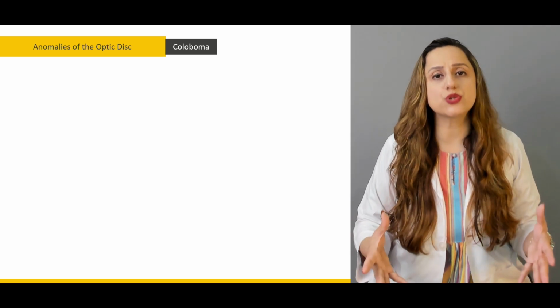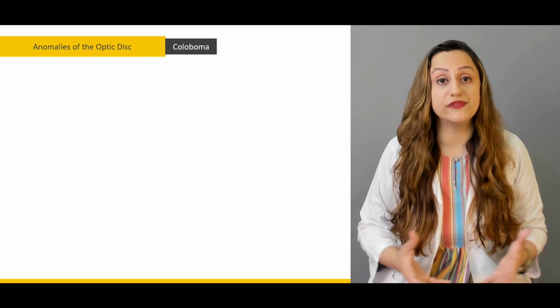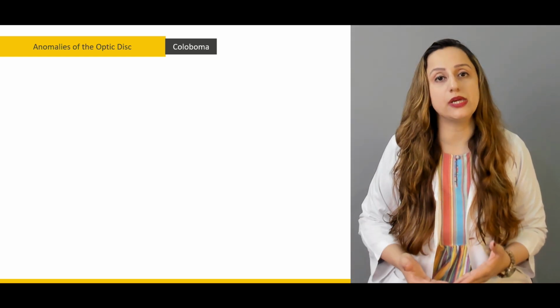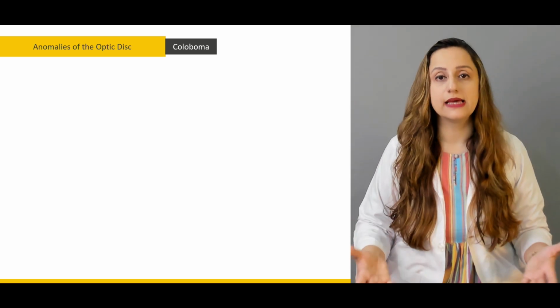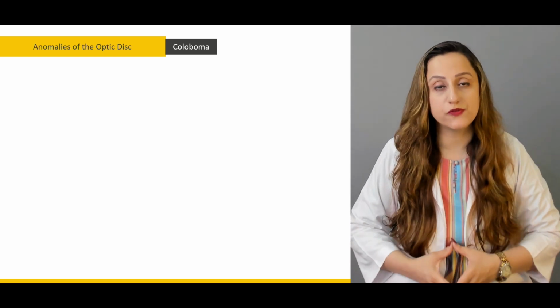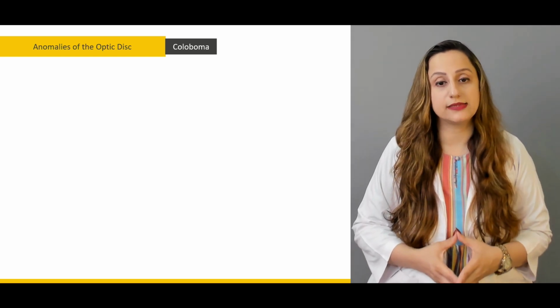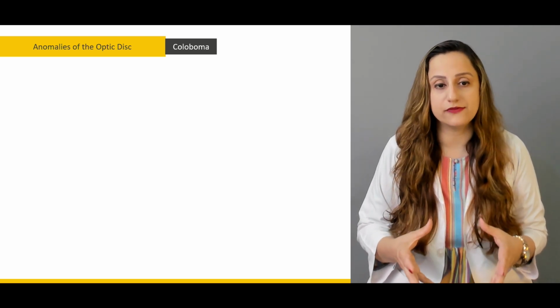So these ring disorders can involve the iris, the lids, and even the retinal structures, the lens, the maculas. All of these structures can be involved when we are defining the colobomas at this level.